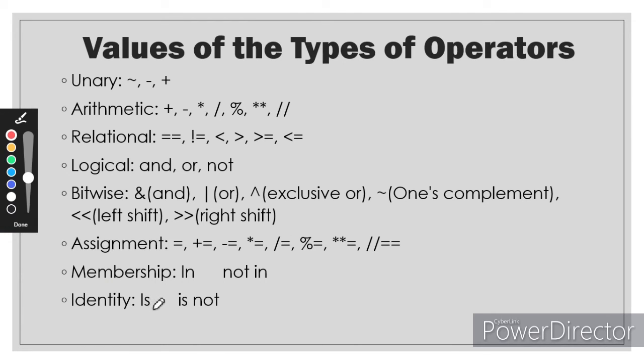As with the previous one, two different ones, is and is not. Like English, is or is not. Sometimes Python and the English language have some similarities, like the same words: is, in, not in, is not.